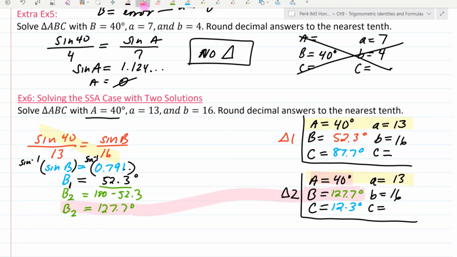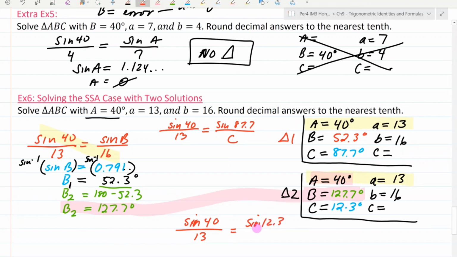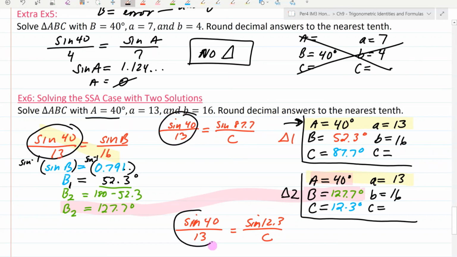So for the top triangle, I will use sine of 40 over 13 equals sine of 87.7 over C. And for the bottom triangle, I will use sine of 40 over 13, again, equals sine of 12.3 over C. And again, you always want to use the given because nothing's rounded there. So we use that here, we use that here, and we use that here.